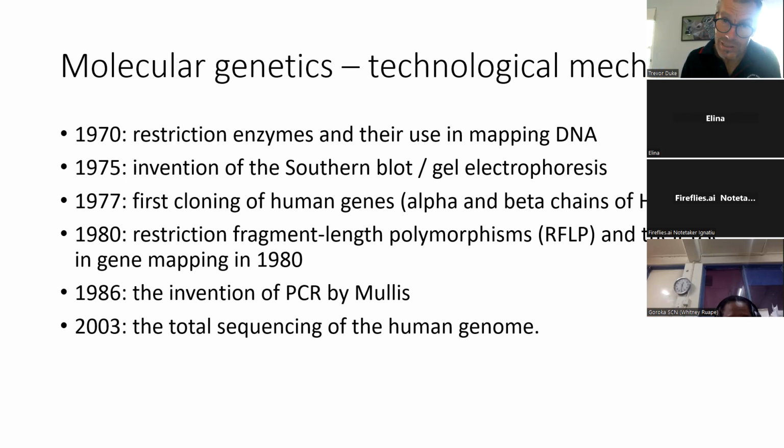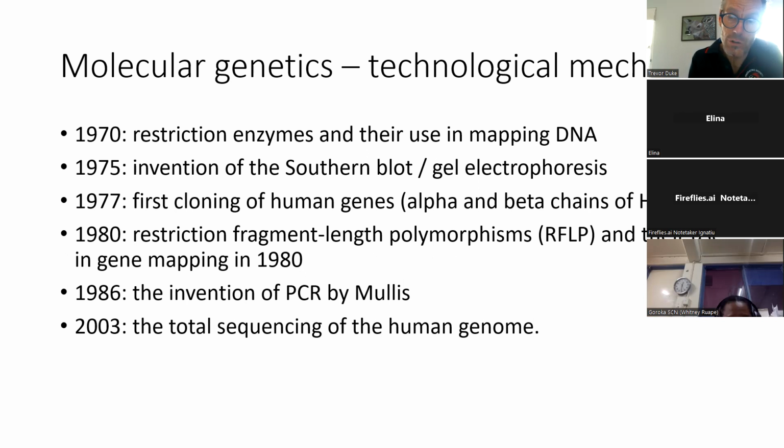And then the Southern blot and the Western blot were identified, and gel electrophoresis, where the genetic material is distributed on a gel, and you can see the genes much easier.